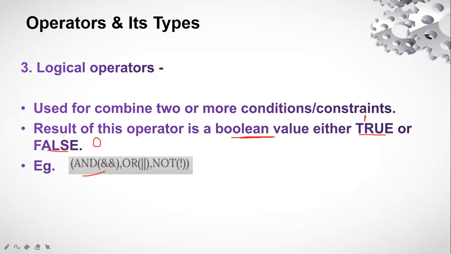It has AND, OR, and NOT. Whenever both the operands are true, I'll get true in AND operation. Whenever any of the operands is true, I'll get true in OR, and NOT is just the opposite one. If I'm writing true, it will be false. If I'm writing false, it will be true, right? So this is AND, OR.